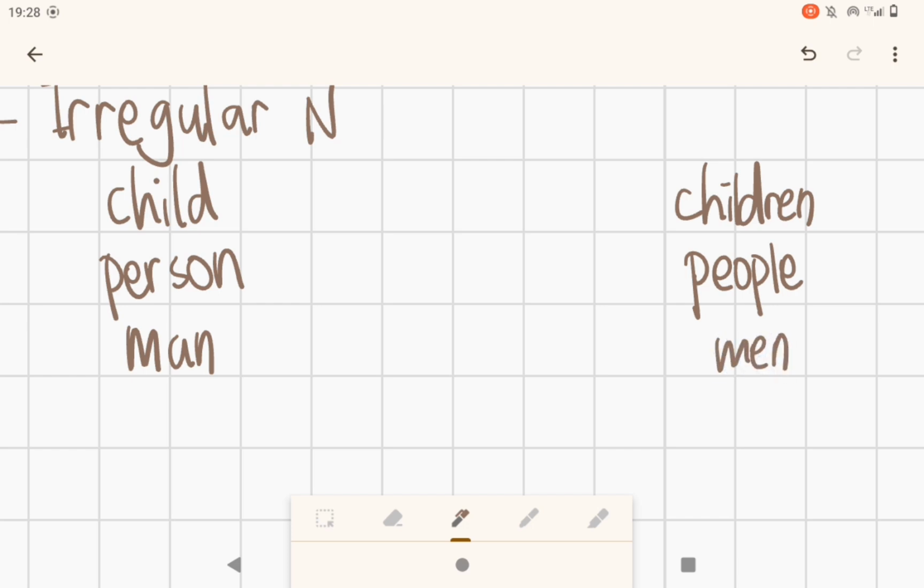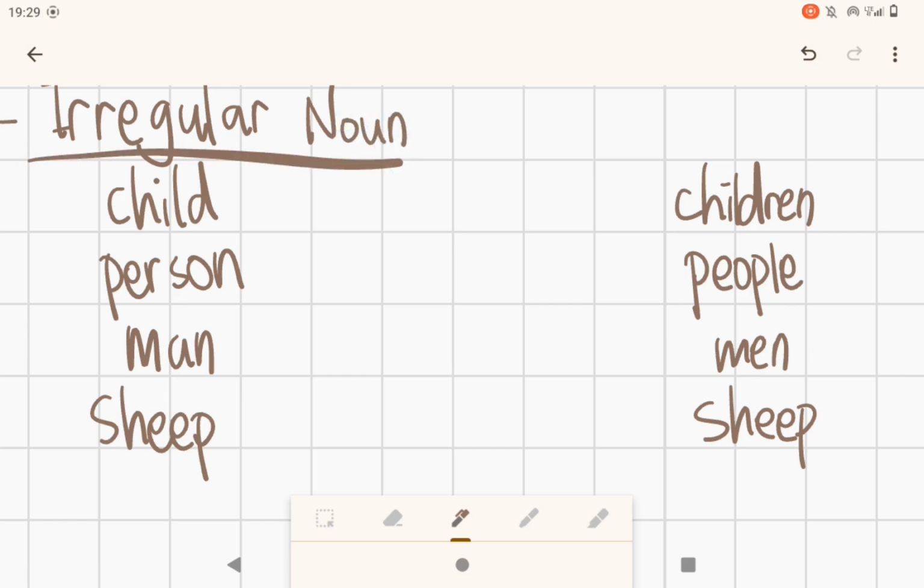Just change the A into E. And also, in some cases, there is a noun that is not changed. For example, sheep, it's still sheep as a plural noun. Maybe you can search for further information about irregular nouns. I believe Google will give you the information about the changes.